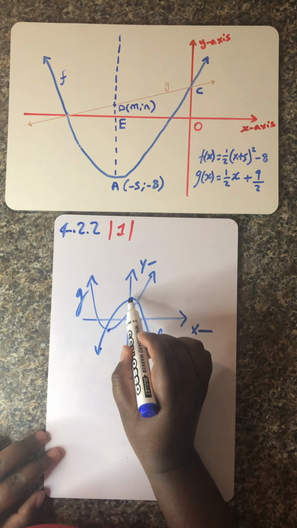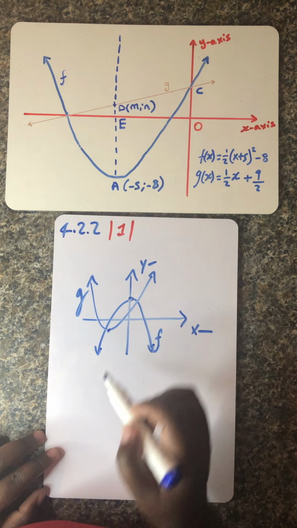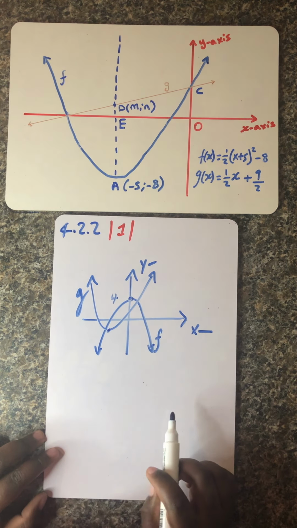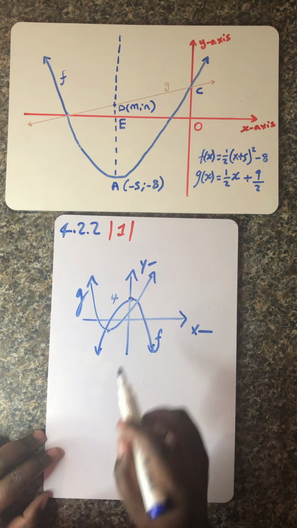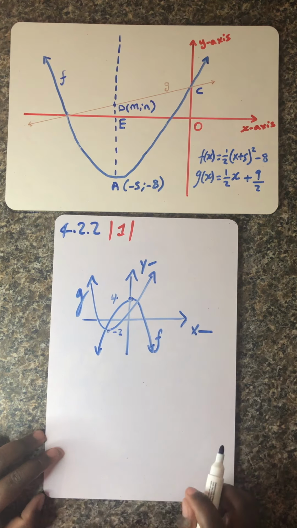So let's say the turning point of that graph is on the positive side of the y-axis. Let's say it's 4. And the turning point of the other graph is on the negative side of the y-axis. It's, let's say, -2.